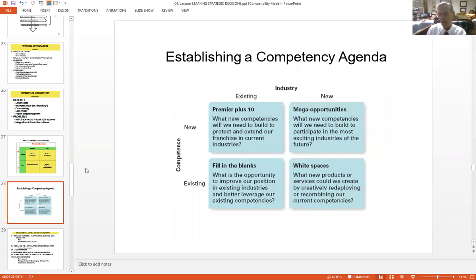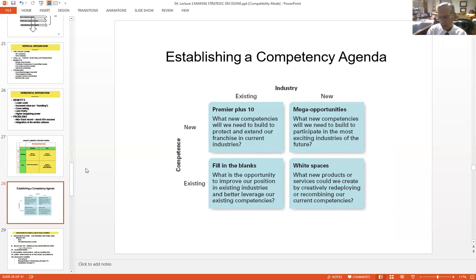Here's the next approach. You can now relax. This one's not on the test, but it's worth knowing that this one was developed by a guy named C.K. Prahalad and a partner whose name I cannot remember.